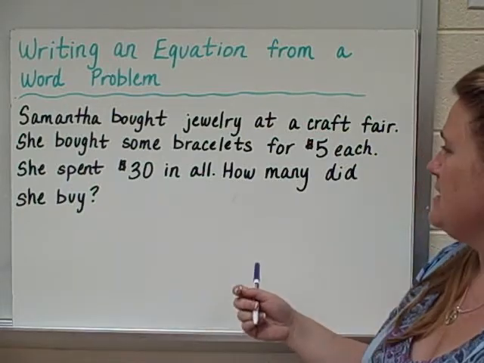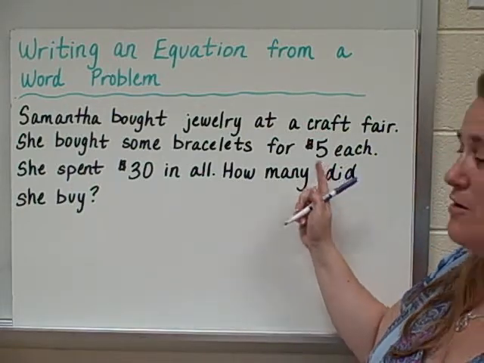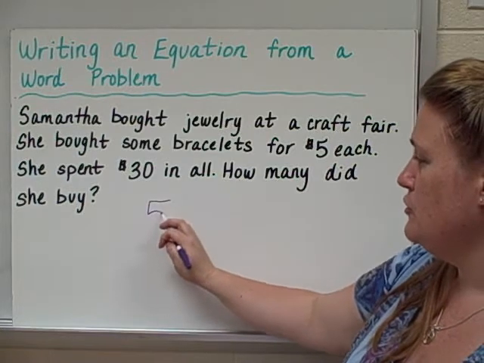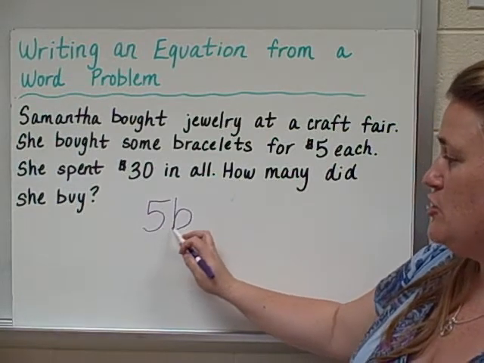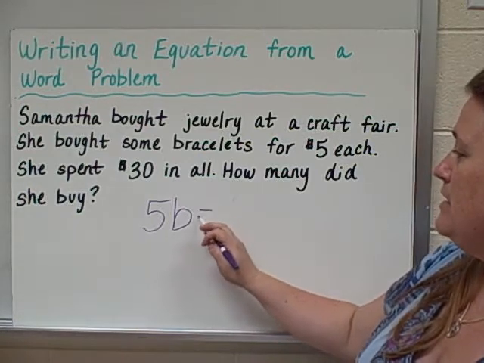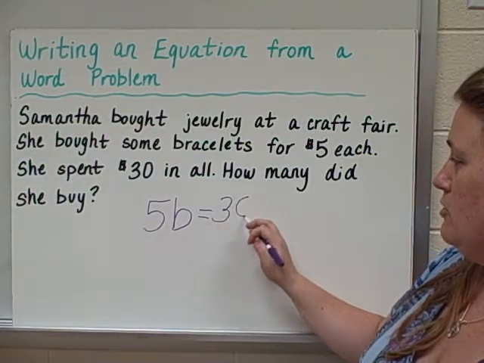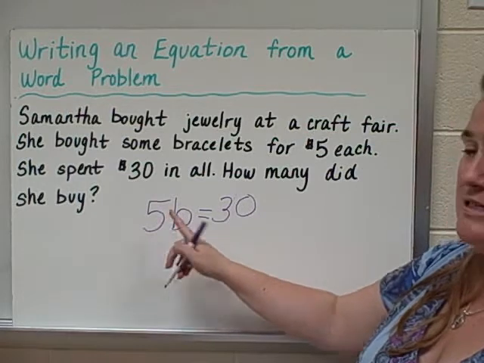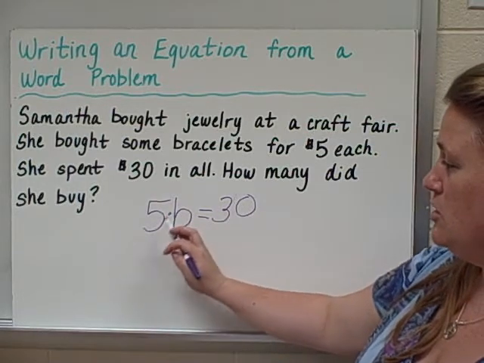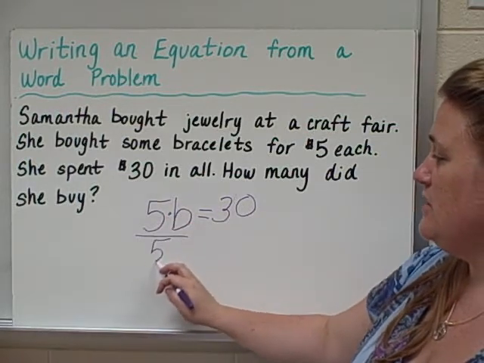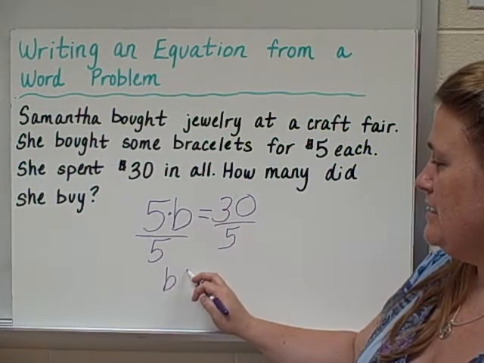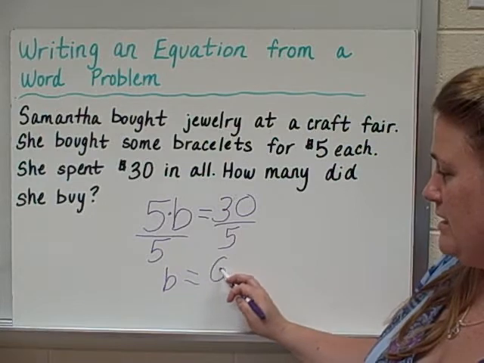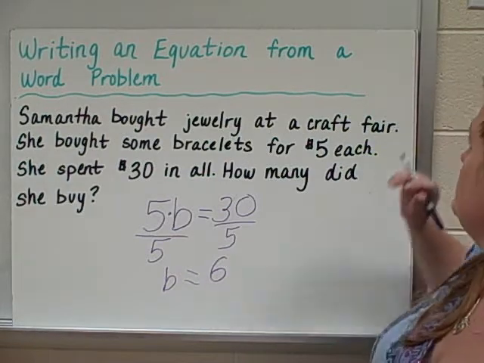Well, I know my bracelets are $5, but I don't know how many bracelets, so that's a variable, equals $30. Remember, this is multiplication, so we use division. So B is equal to 6 bracelets.